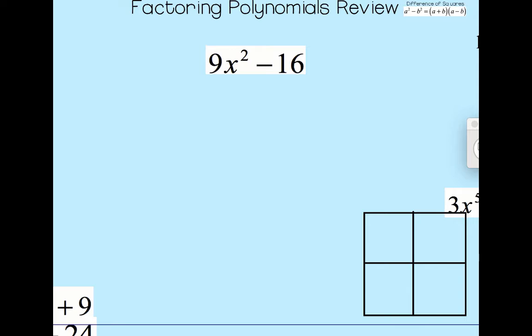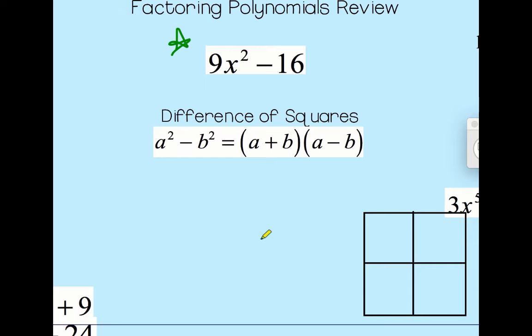Okay, now we're going to focus for a bit just on quadratics. This is a special case, and it's specifically known as difference of squares. Difference, because difference, remember, means subtraction. Squares, because the first term must be something that's exactly a perfect square, and the second term must be something that's exactly a perfect square.